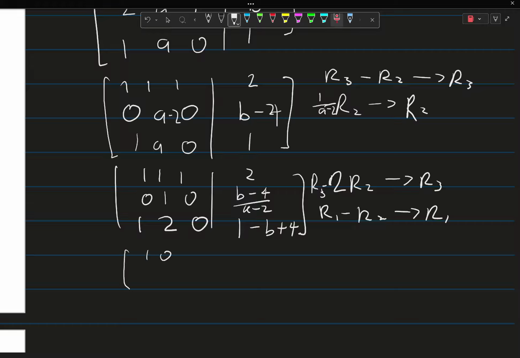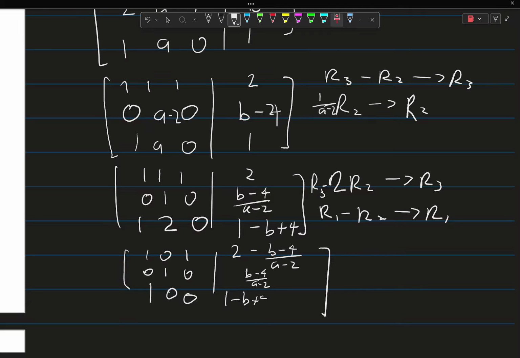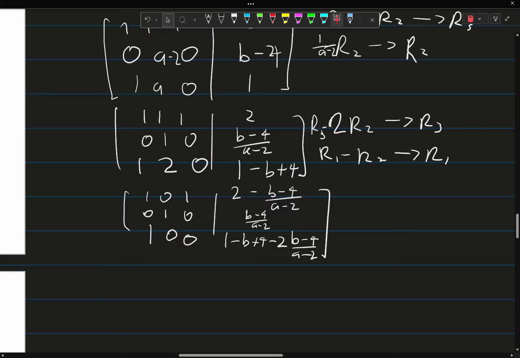So it's 1, 0, 1, 2 minus this ungodly abomination of a fraction, 0, 1, 0, minus 4 over a minus 2, and then we'll have 1, 0, 0, 1 minus b plus 4 minus 2, b minus 4. Okay. But we're very close to row echelon form, we just need to subtract this from that.